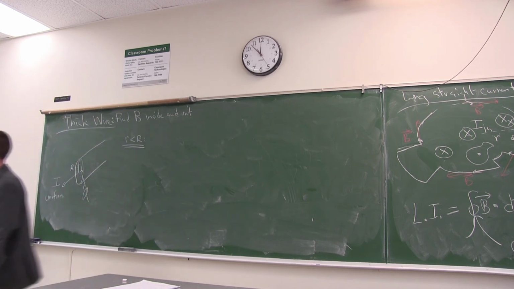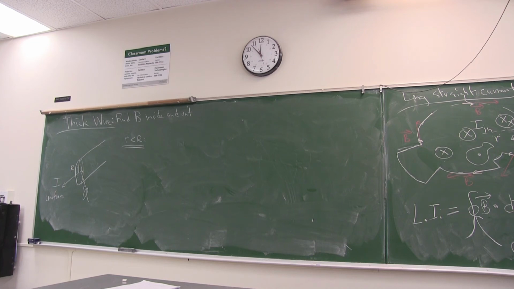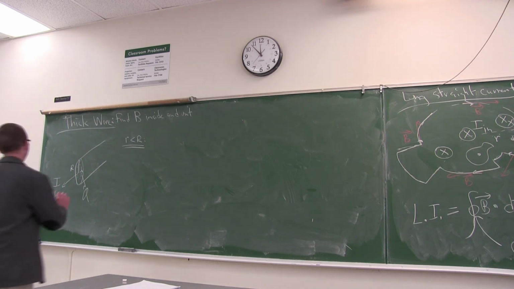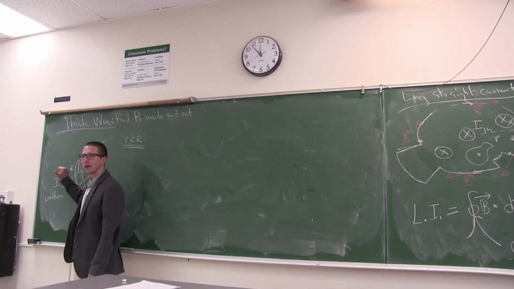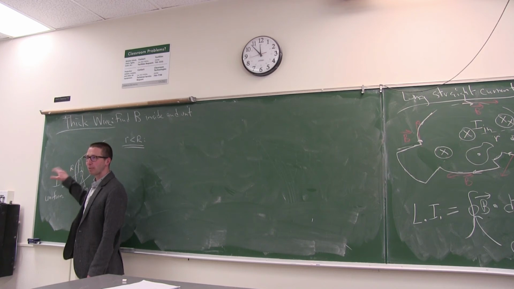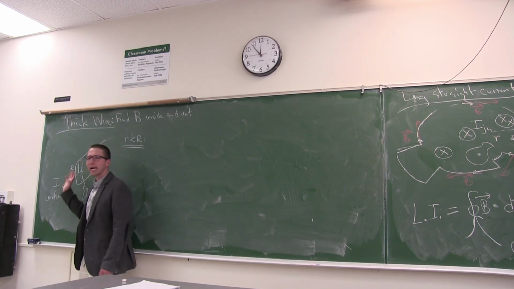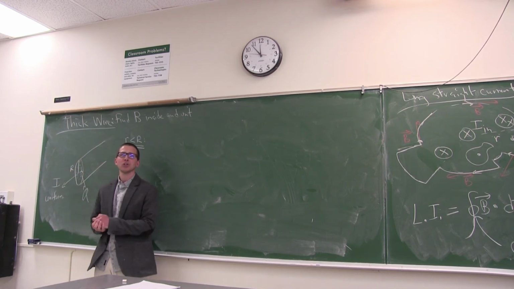So here's my Amperian loop. I'm going to choose the orientation of the Amperian loop to match the direction I expect the field to go. Because inside the wire, if the current is going this way, I do expect the field to wrap around in this direction.